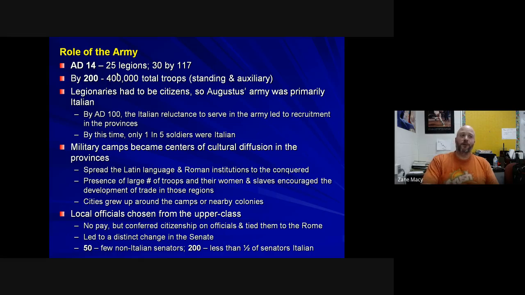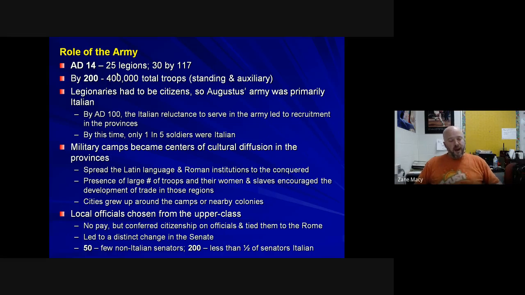But plebeians that served in the Senate during the Republic era were still Italian, if not specifically from the region directly around Rome. But then as you go through the rule of Augustus, as we get into the early empire, you start to see this transition to non-Italians, because once they gain citizenship, they are Romans.